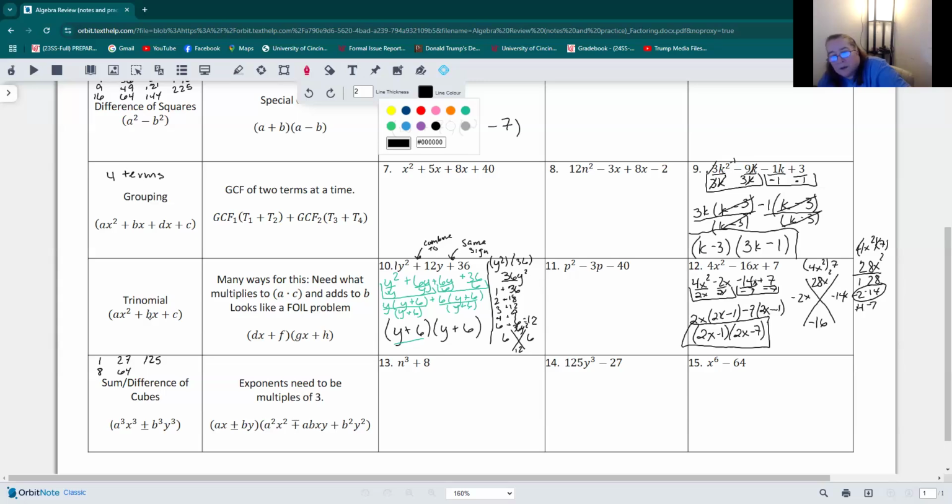So if I have n cubed plus 8, this is the same thing as n cubed plus 2 cubed. The way the sum and difference of cubes go is we always start with what was cubed, so n. What symbol were we using? We were adding them.